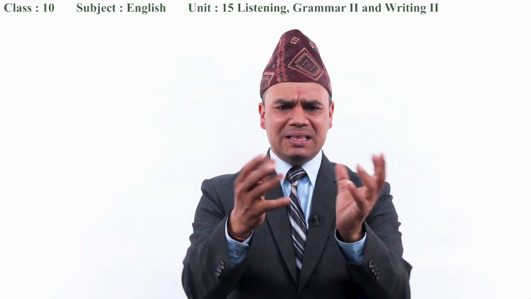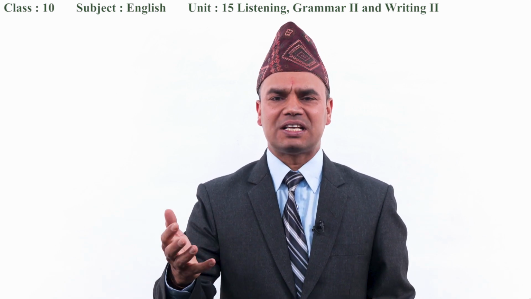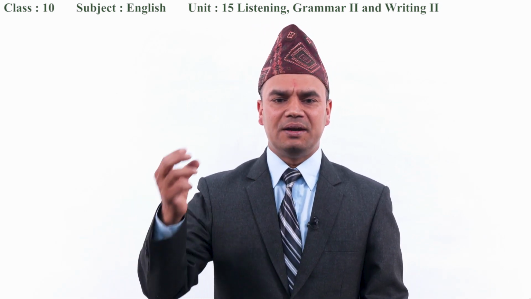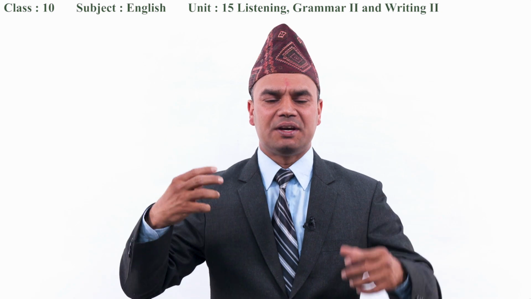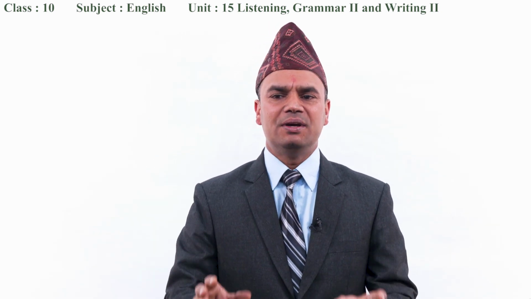Now by this audio, I hope that you understand how to describe the physical appearance of someone. You can describe eyes, smile, physical body structure, whatever. So these are the clues to describe someone's physical appearance.